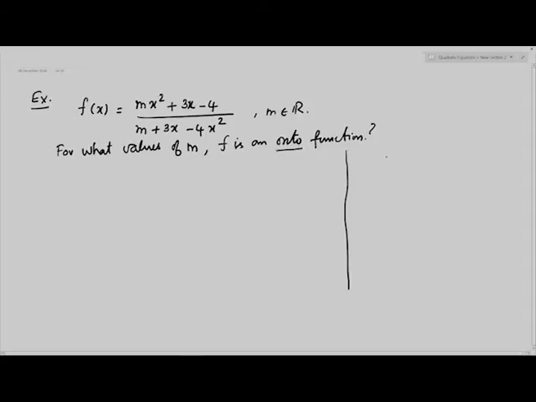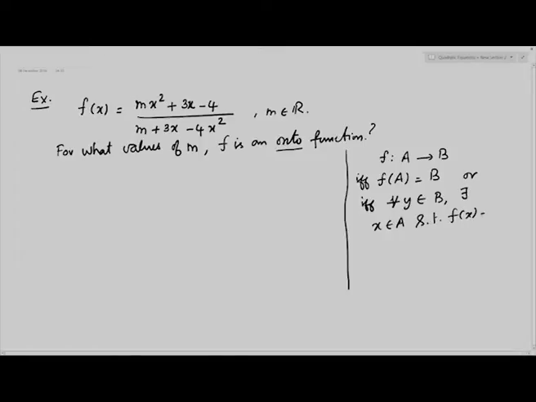What we mean by onto is, if f is a function from a set A to another set B, we say f is onto if f of A, the image of A, is equal to B. Equivalently, if for every y in B we can find an x in A such that f of x is equal to y, then we say f is an onto function.